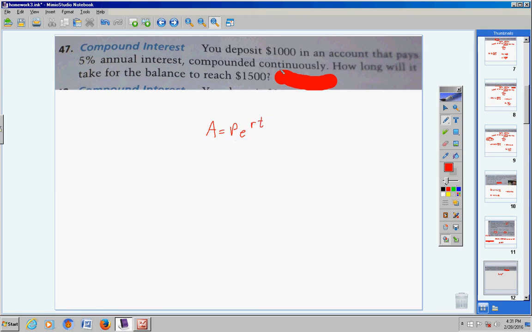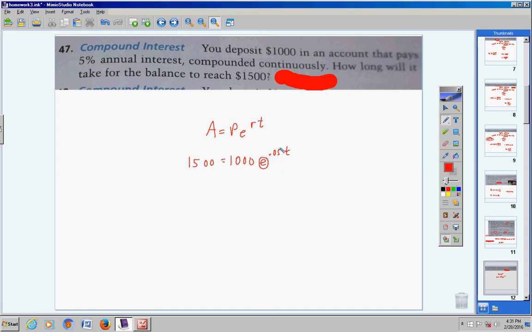All right, now you're starting off with 1,000. So that's my principal, my starting amount. You're ending with 1,500. That's your balance or your ending amount. And then, of course, you have e. Your rate is 0.05. And t is what you're trying to solve for. Well, guys, this is called an exponential equation. I have taught you how to solve these. Remember, you determine the base, there's the base.